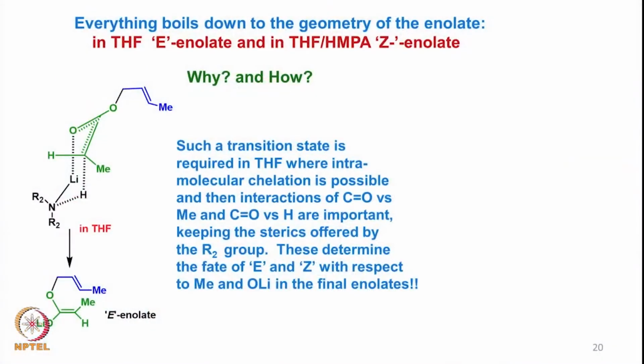Now, here as you can see, the orientation of the groups would be something like this, where you have a carbonyl group here, and of course you have the oxygen here, and then you have a CH2 and a methyl group here, and then of course a hydrogen here.